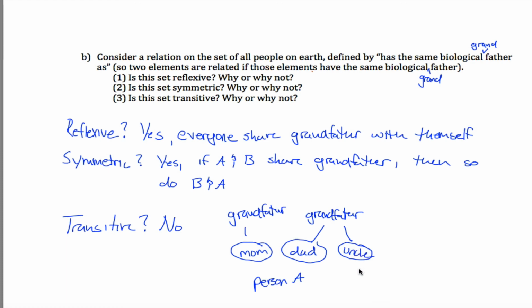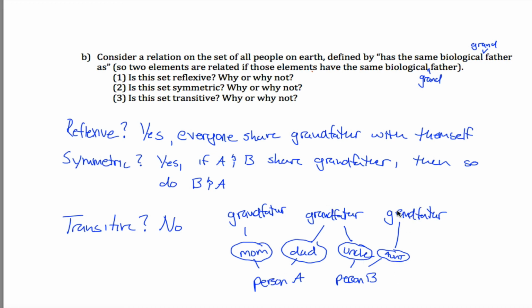And person A's uncle might have had a child. Maybe that person is person B. Fine. Person B also has these 2 grandfathers, their uncle's dad, or not their uncle, person A's uncle's dad, person A's aunt's dad.